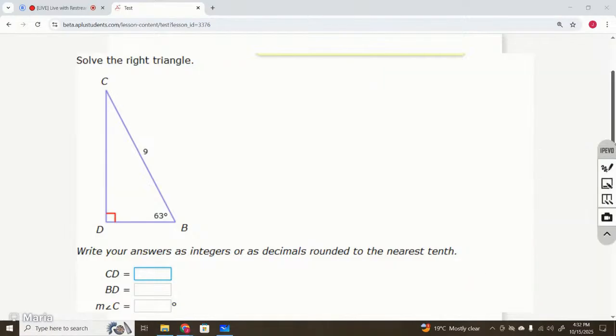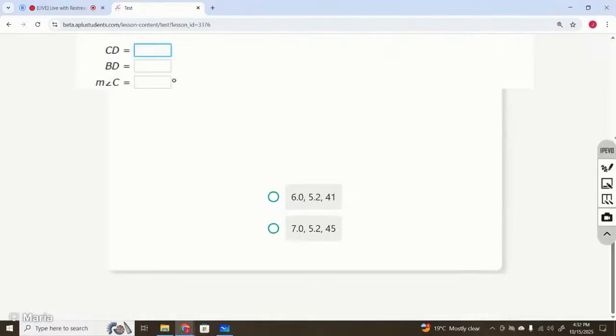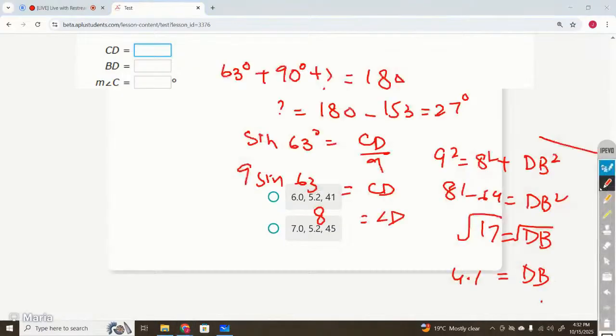So the missing side lengths are, hold on, let me just do the calculation. CD is 9 times 0.891, which is 8.